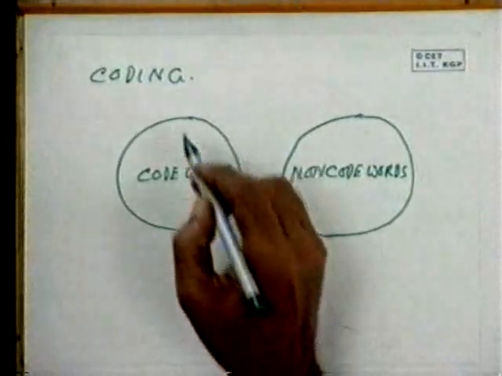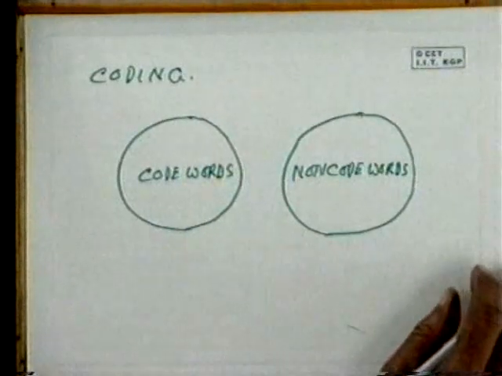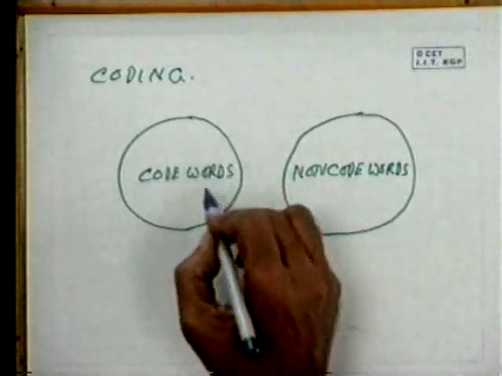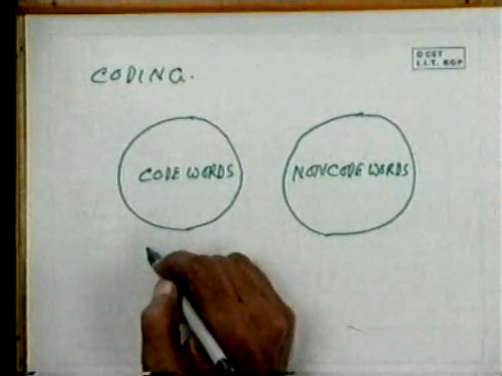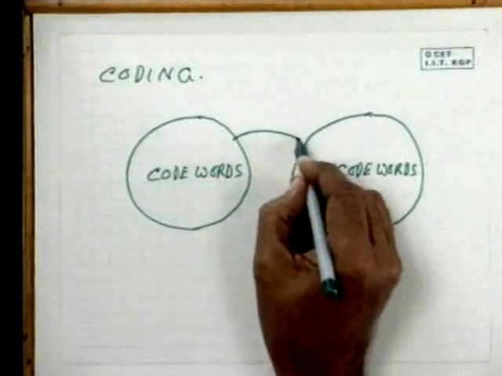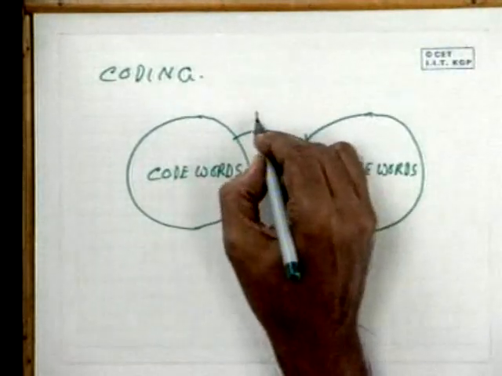So after coding, you are getting code words and non-code words, and after coding you are getting the code words which is being sent to the transmitter. If there is error, then the code word will get transformed to non-code word.